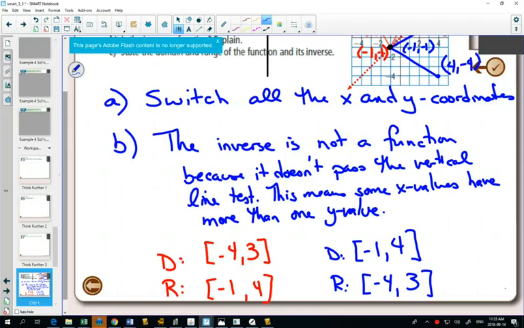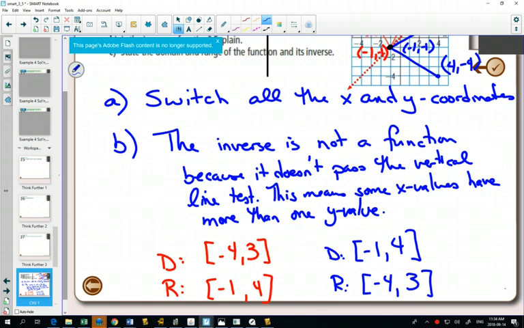The big thing about inverses is x and y get switched, and they switch in everything. They switch in the equation if you're trying to find the equation. They switch in the coordinates if you're trying to do the graph. They switch the domain and range, because your domain is all your x values, and all your x values now become all your y values.